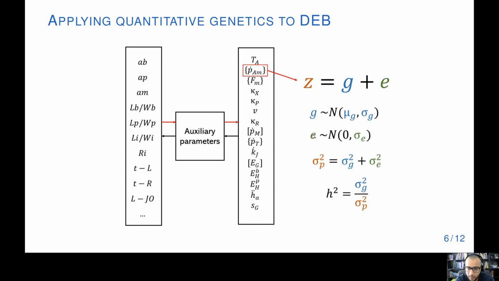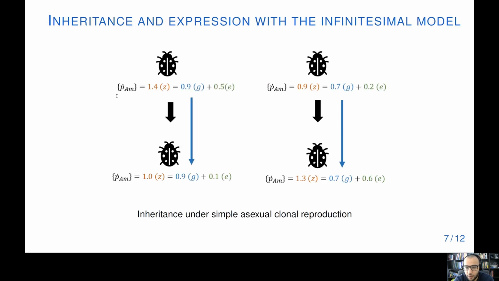The heritability of the trait in the population is then the proportion of the genotypic variance, sigma g, in the total phenotypic variance, sigma p. And this heritability parameter forms a key parameter for the inheritance submodel. So now that we described what we consider to be genes and genotypes in a DEB-IBM context, inheritance can then be modeled.